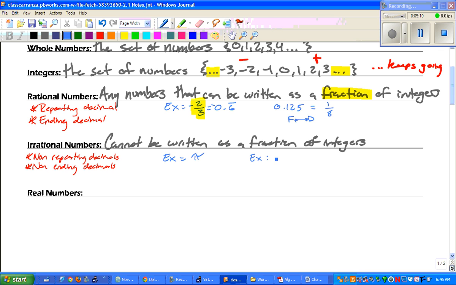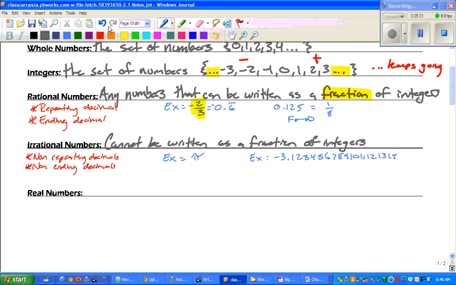Another example, negative 3.1, 2, 3, 4, 5, 6, 7, 8, 9, 10. You cannot write that as a fraction. Okay, so that's why that's called an irrational number. Okay?